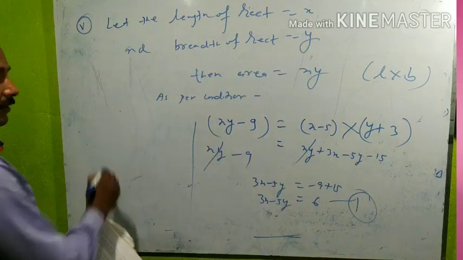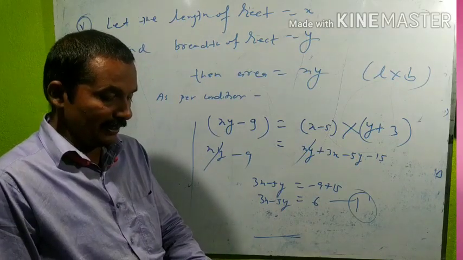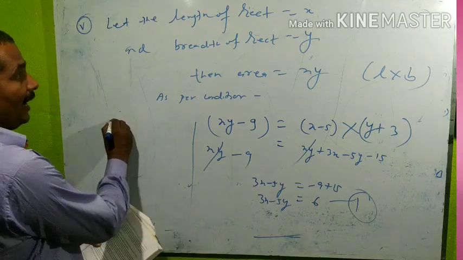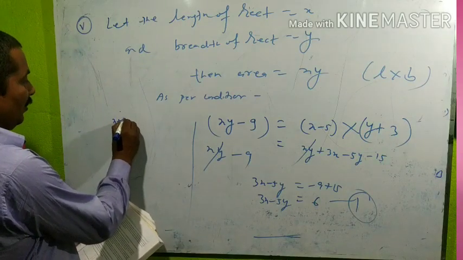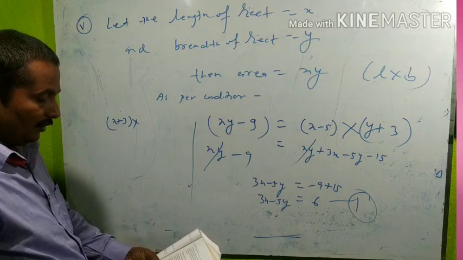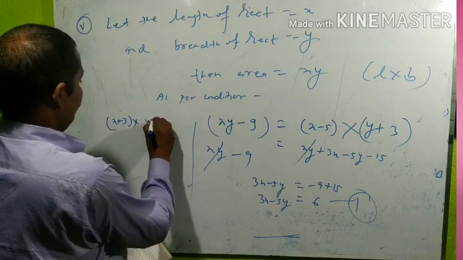And one more condition is given here. If we increase the length by 3 units, means length is x here, increased by 3 units, and the breadth by 2 units, the breadth also gets increased here. So y plus 2.